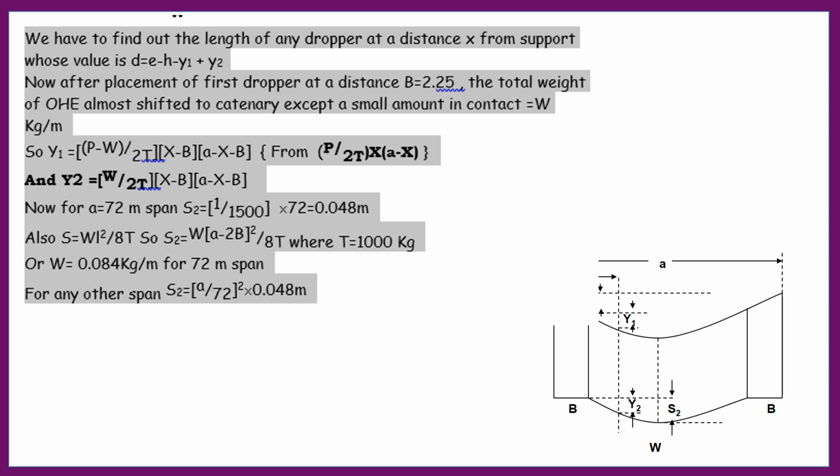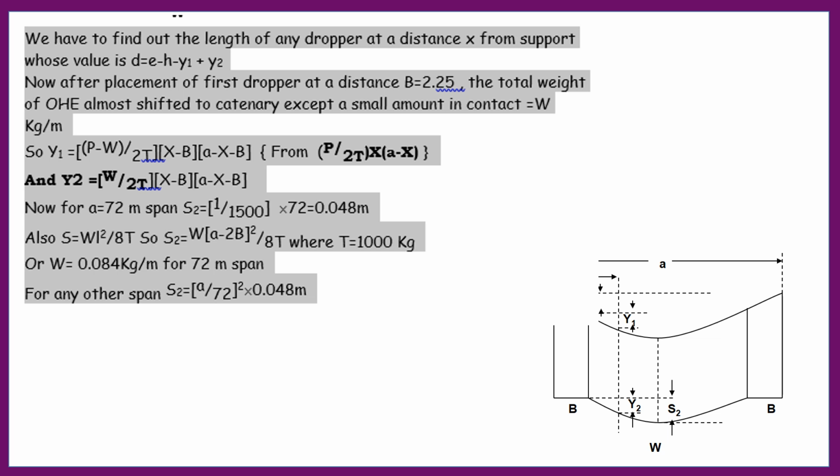The question is, what is W, how to find its value? Y2 is W by 2T, because now the weight on the contact wire is only W, by 2T into X minus B into A minus X minus B. For a 72 meter span, the sag is 1 by 1500 into 72 meters, which is equal to 0.048 meter.